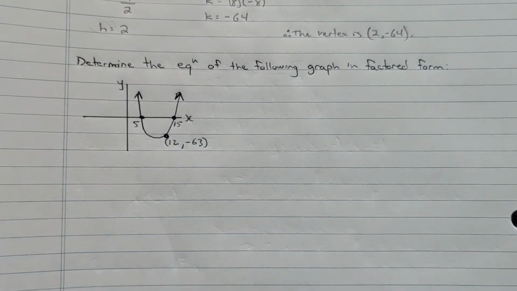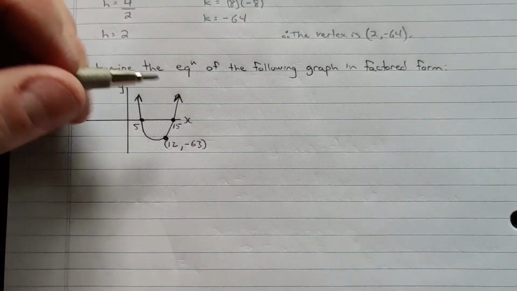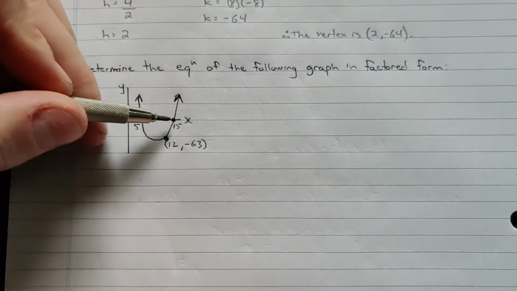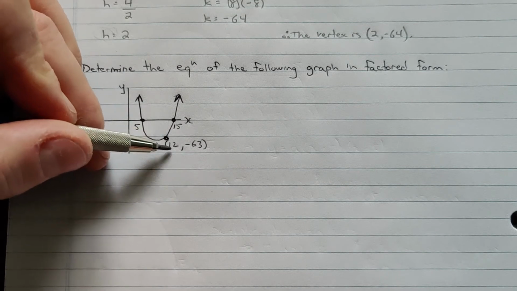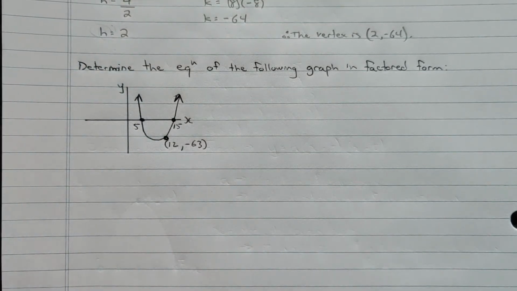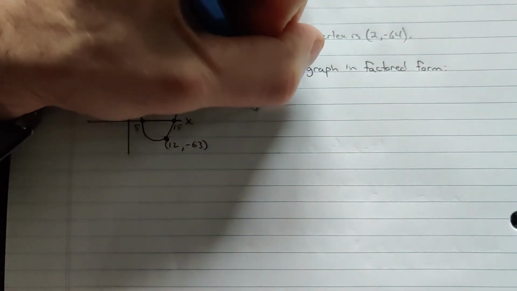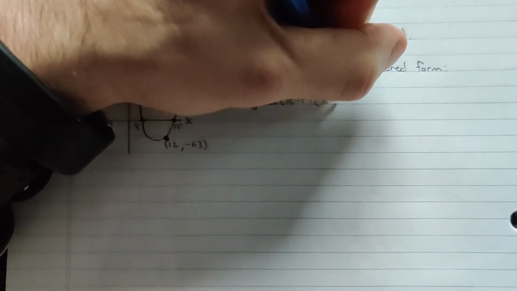Next part here, determine the equation of the following graph in factored form. So we want to take this information we're given, x-intercepts at 5 and 15, and a point at (12, negative 63), and we want to find the equation in factored form. So our equation in factored form will be y equals a(x minus r)(x minus t).